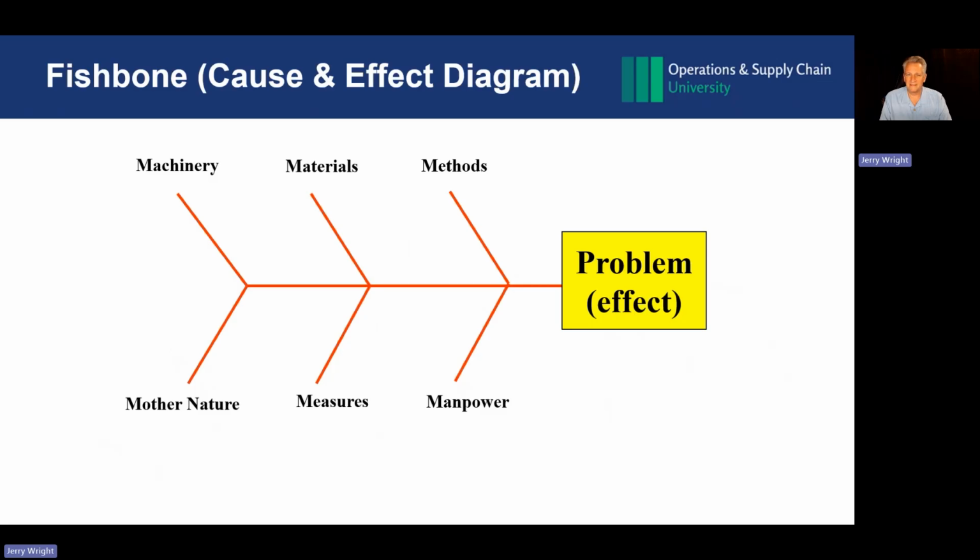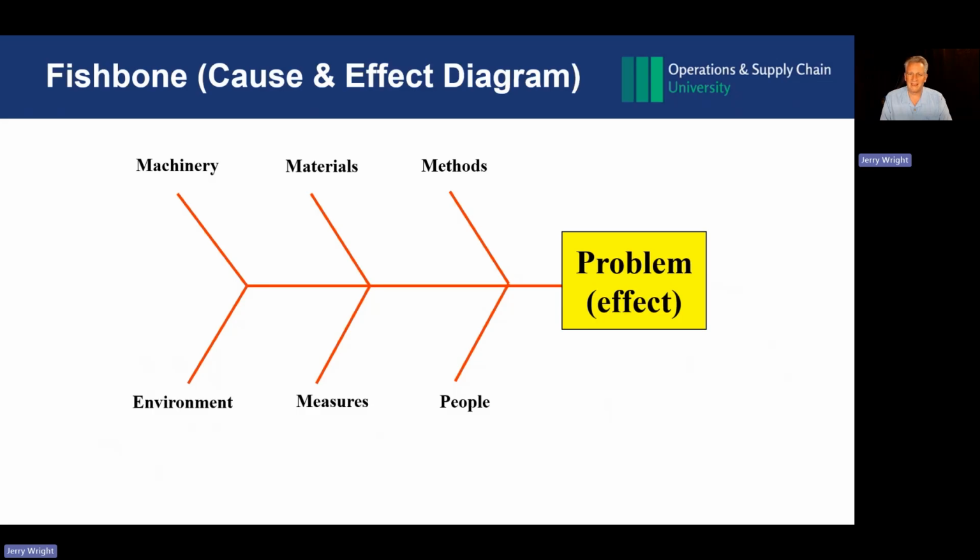Now we used to call these the 6 M's, and at one time there was only 4 M's. It was machinery, materials, methods, and manpower. That's all there was. But then we've gone to the 6 M's, which is really now machinery, materials, methods, Mother Nature, measures, and manpower, but we've replaced Mother Nature with environment, and we've replaced manpower with people.